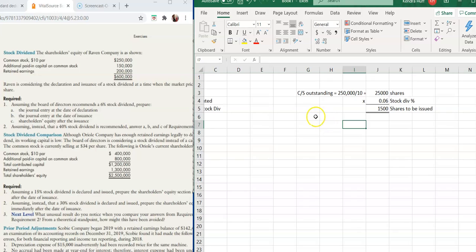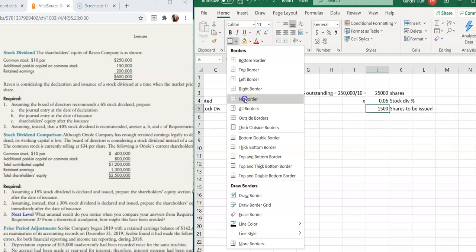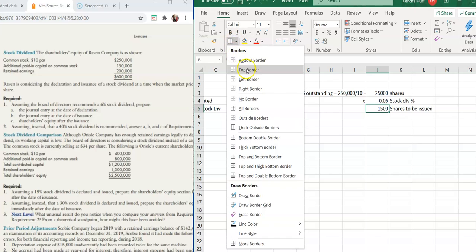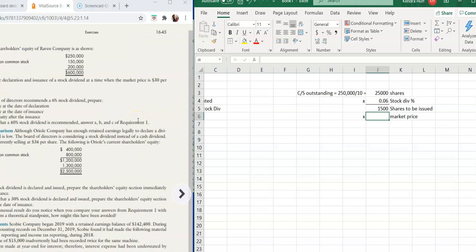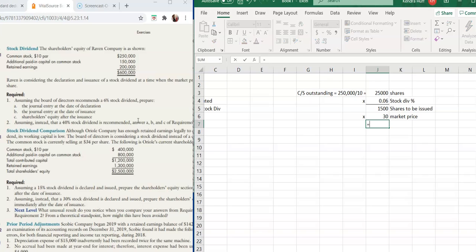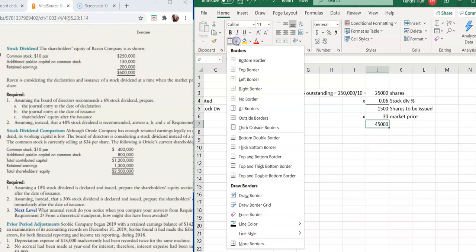Okay. Then, since it's a small stock dividend, you multiply by market price, which is $30. So 45,000 is our dollar amount.